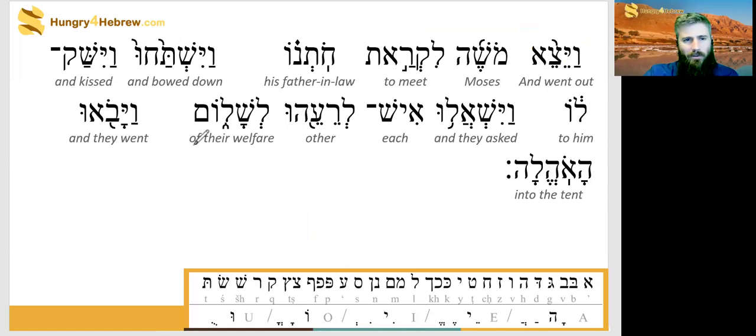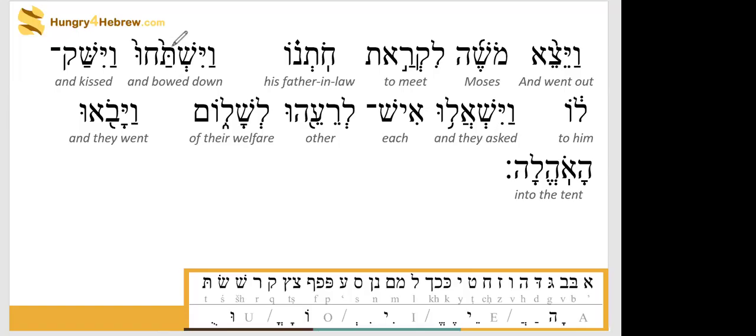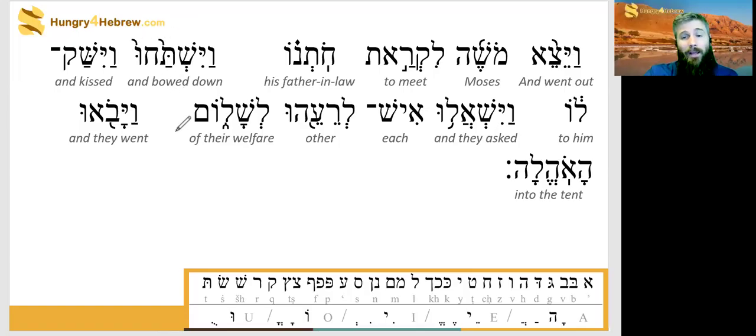Vayishtachu. I think we talked about this verb quite a bit. What was it, last week? The only hishtafel in the Bible, and especially the only hitpael that has 4 root letters. It's supposed to be 1, 2, 3, and a missing yod at the end.